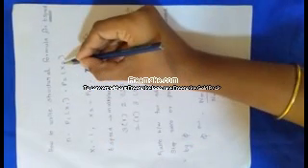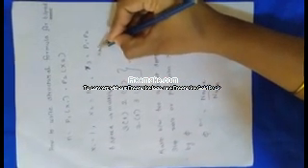Initially you always assume the characteristic of the first stage, that is x1 is equal to 1. x2 you assume it is P1. x3 is nothing but P1 into P2. If it is x4, then it will be P1 into P2 into P3.